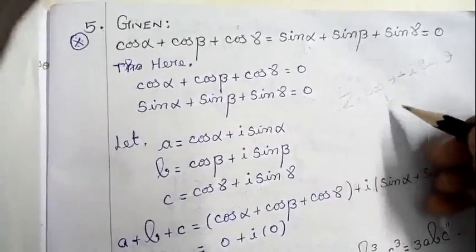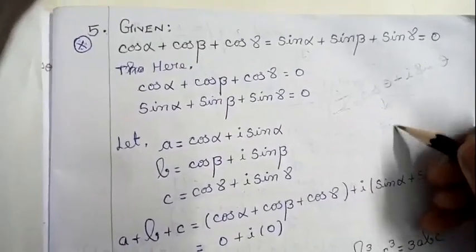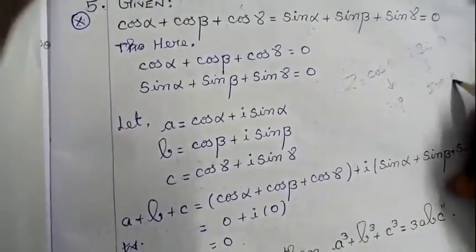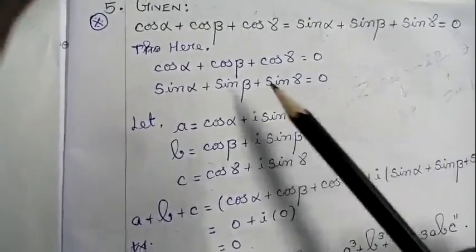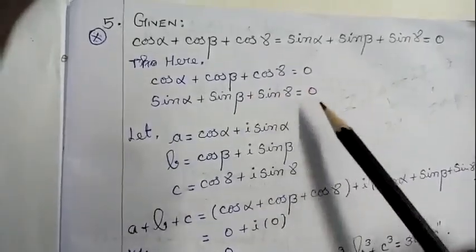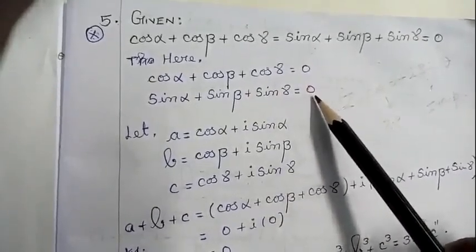Cos theta means the real part, sin theta is nothing but the imaginary part. So the real part separately I am going to put 0, and the imaginary part I am putting separately as 0, since it is the given condition.